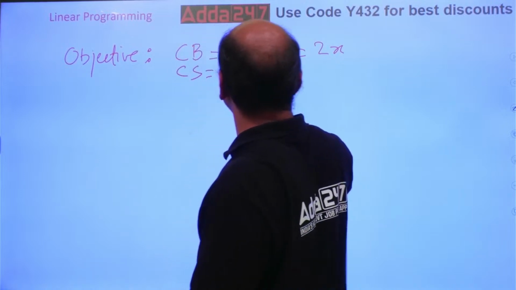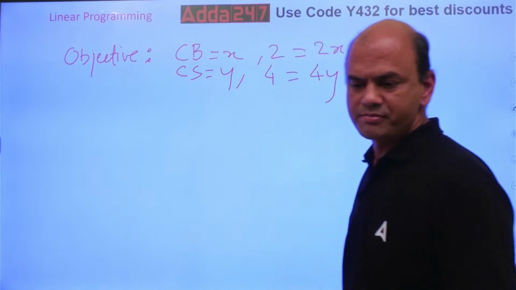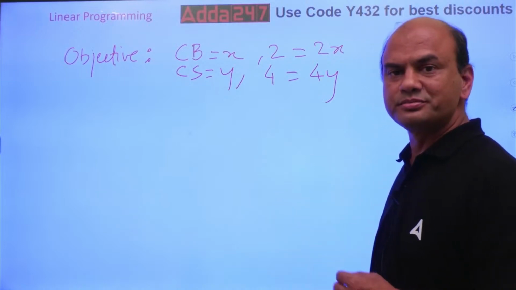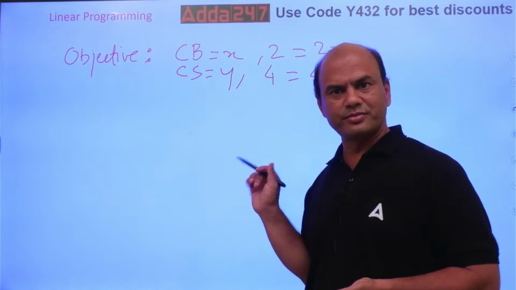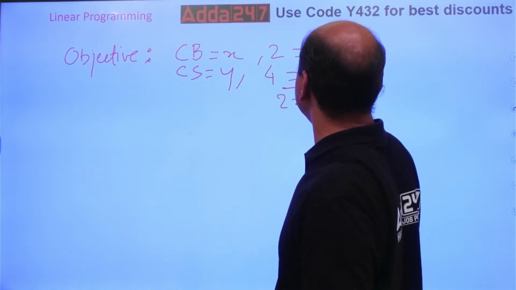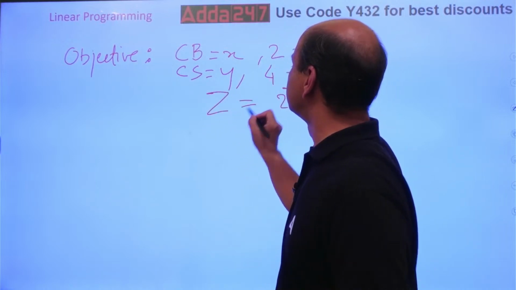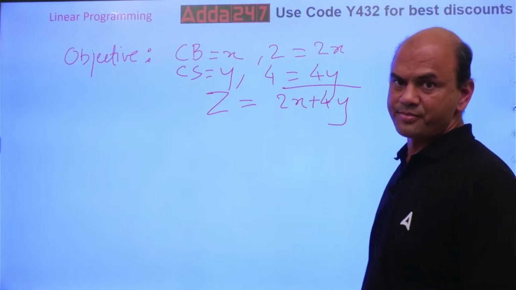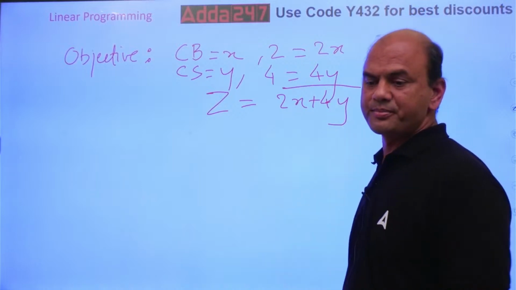Y. What is the profit? 4. My total profit on chess sets is 4y. I am the owner of the company and I require both, so my total profit will be 2x plus 4y. And this I will call Z. The Z function is always known as the objective function. So this Z function is 2x plus 4y.